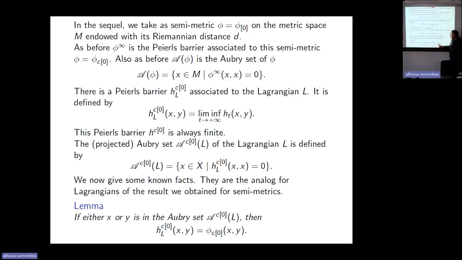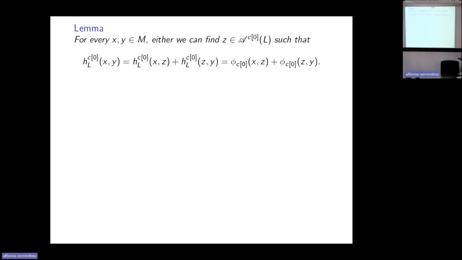If you have two points x, y, and one of them is in the Aubry set, then the Peierls barrier between them is equal to the Mañé potential, like we showed for the case of the semi-metric.